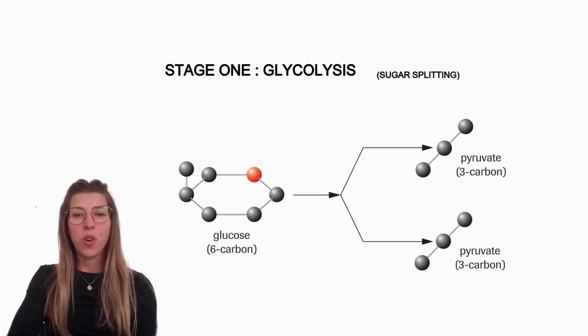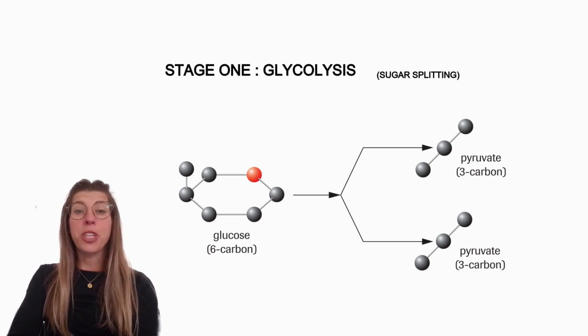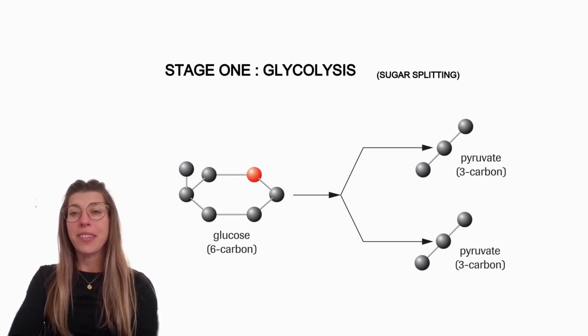So this whole first stage of cellular respiration has to do with taking that 6-carbon glucose ring structure that we get from either consuming foods or that plants can directly make through photosynthesis. It takes that 6-carbon glucose structure, and through the 10-step process that glycolysis is, at the very end, we end up with 2 pyruvate molecules.